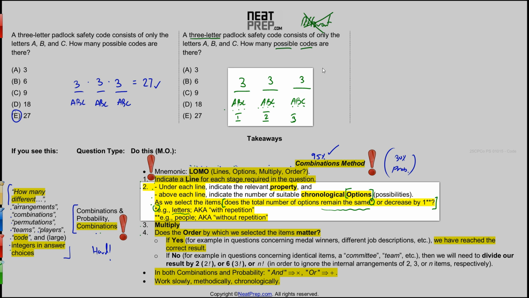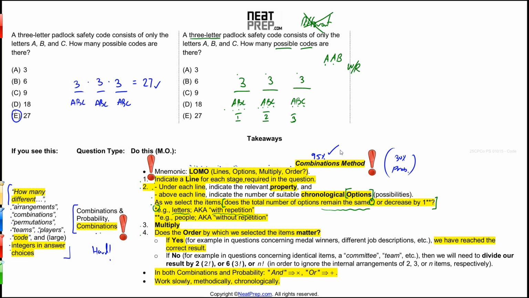For example, even though it includes the letter A twice, the code AAB fits the question's conditions. In mathematical terms, this question is with repetition, since as we select the items, we can repeat our former selections and the total number of options remains the same, 3 per line.